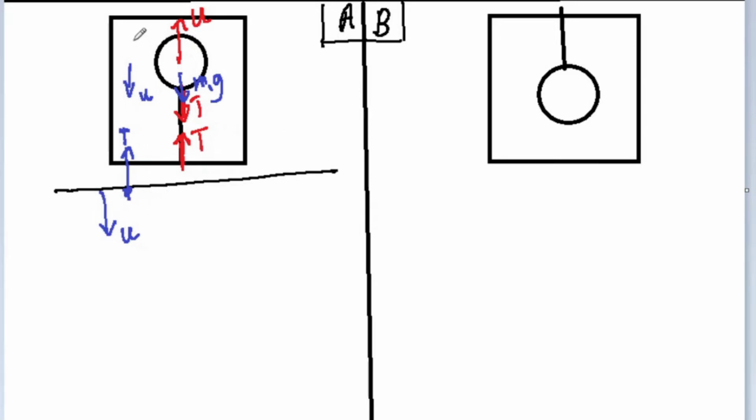And also, this liquid has a mass, which is M. So that mass will create a weight on this surface. So all these forces will be acting on this balance surface.